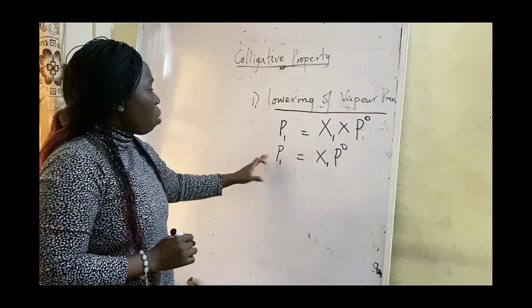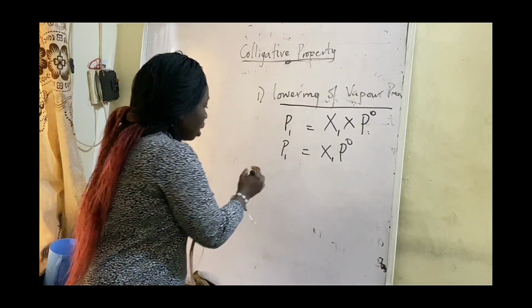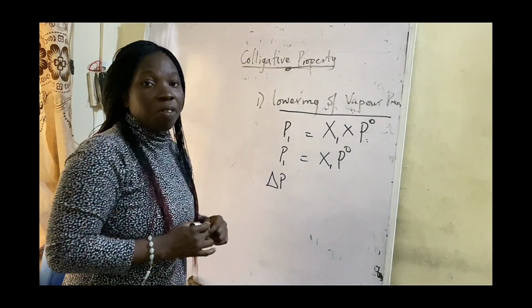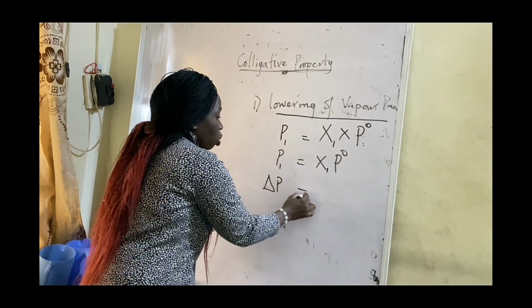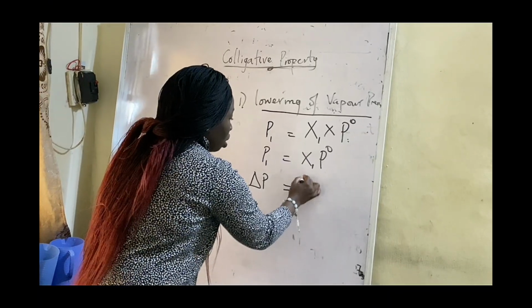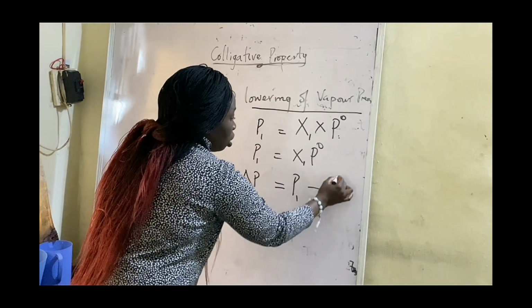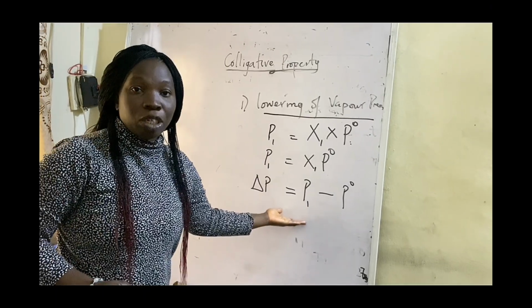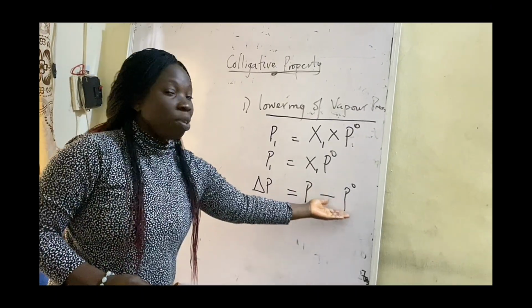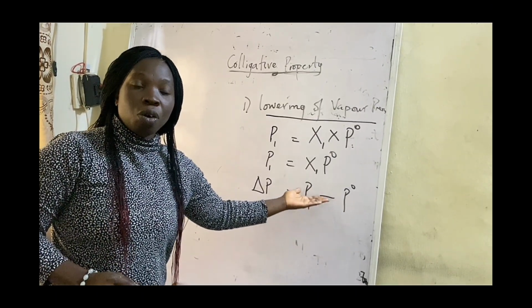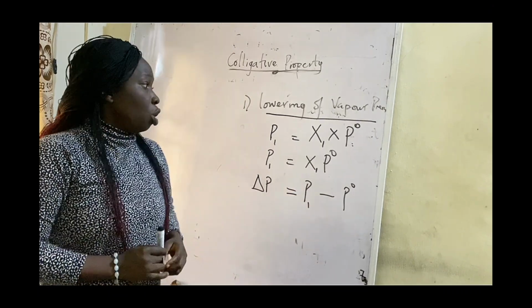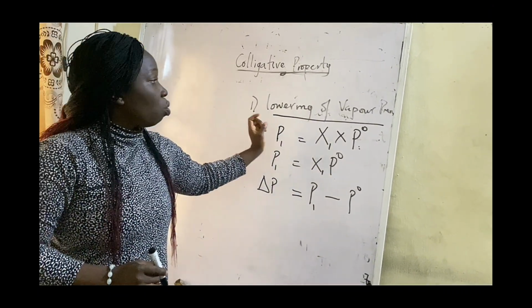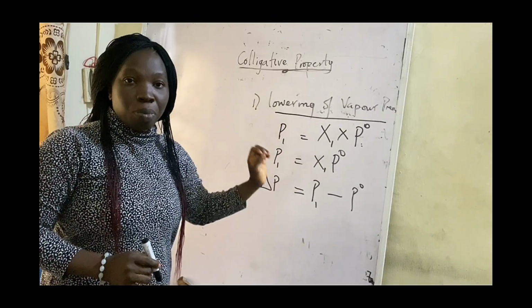So when we want to calculate the lowering, we will say delta P, which is the change in the vapor pressure, is equal to P degree minus P solution. What is P? P is the vapor pressure of the solvent, and P degree is the vapor pressure of the pure solvent. So this is what we need in calculating lowering of vapor pressure.